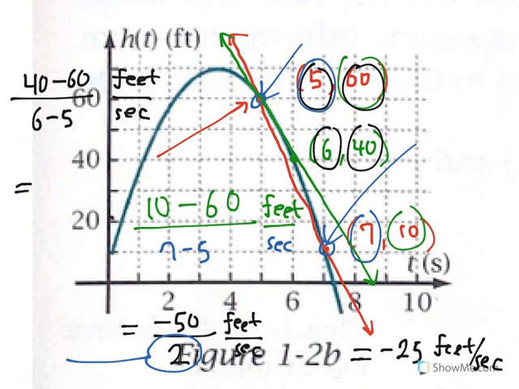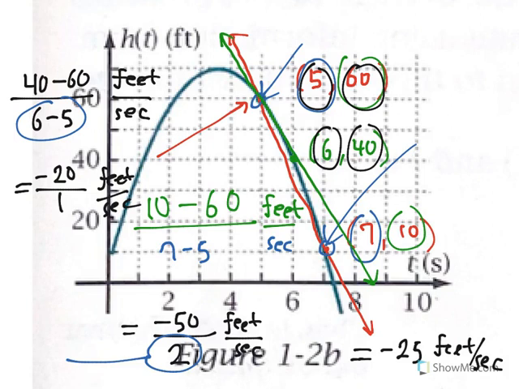So in that time interval of 1 second, how much did the height change? 40 minus 60 is negative 20. So that means the ball fell by 20 feet in 1 second. So the average rate of change of the height of the ball on that 1 second time interval is about negative 20 feet per second.